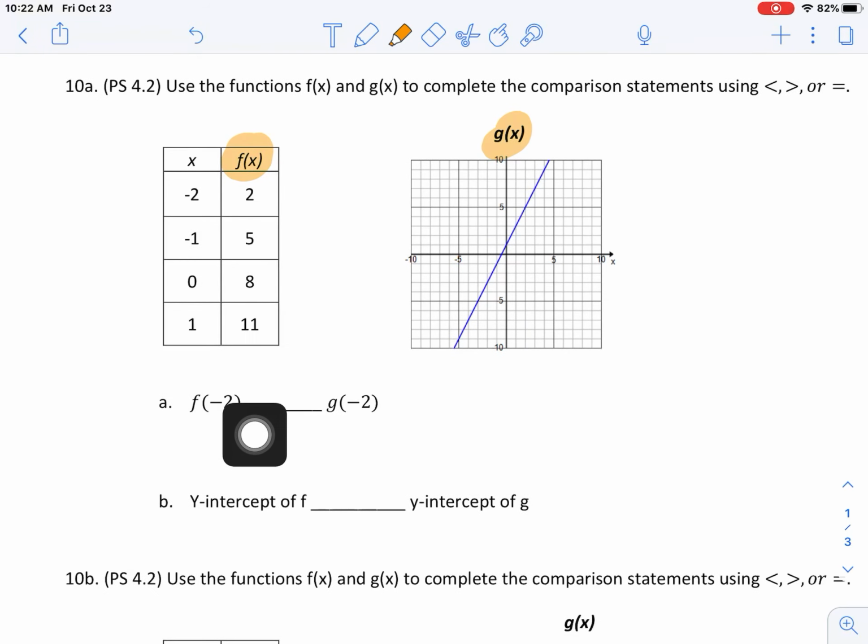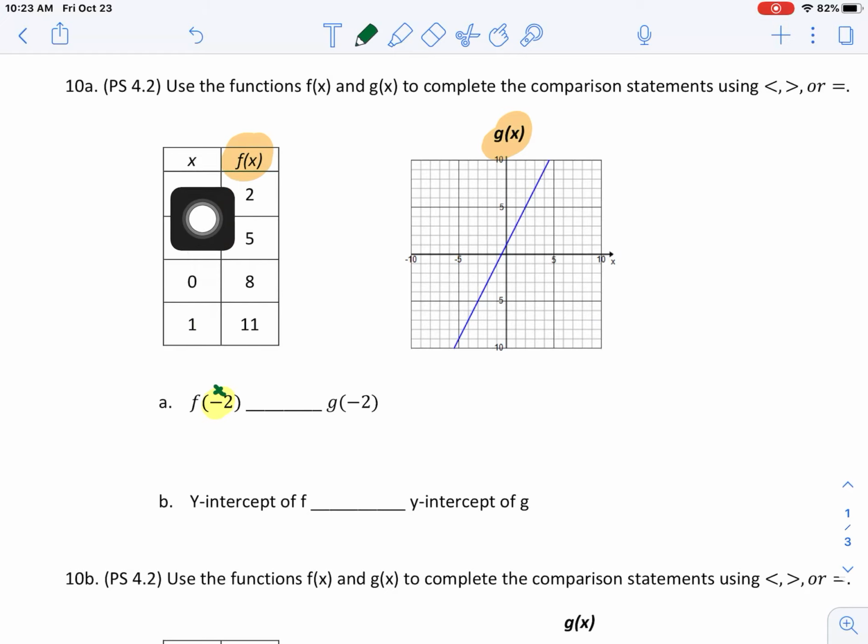So question A says to compare f of negative 2 to g of negative 2. Well, let's first look at f of negative 2, and remember that because the negative 2 is inside of our function, this is actually the input. So negative 2 here is the input, or this is the x. So when x is negative 2, for our first function, what is the output?